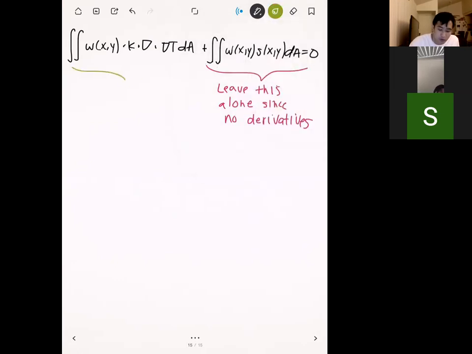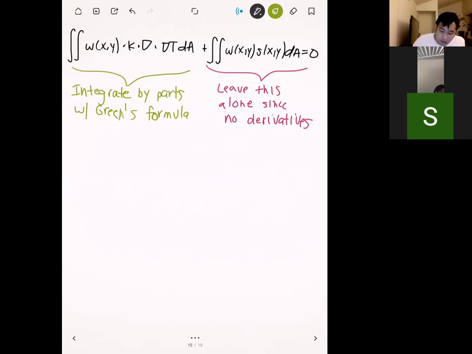And then this term on the left right here, we're going to apply Green's formula to integrate by parts. I wrote about Green's formula in green, but it was total coincidence. Okay, and so let's go ahead and break up this integral.